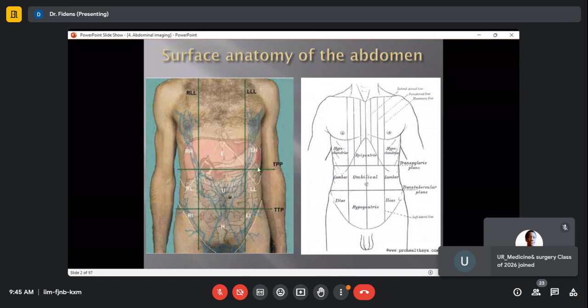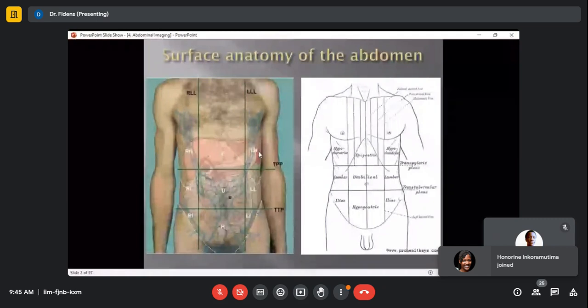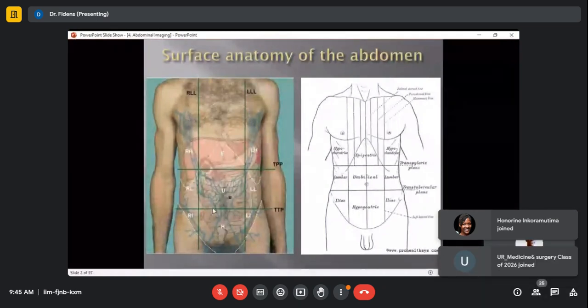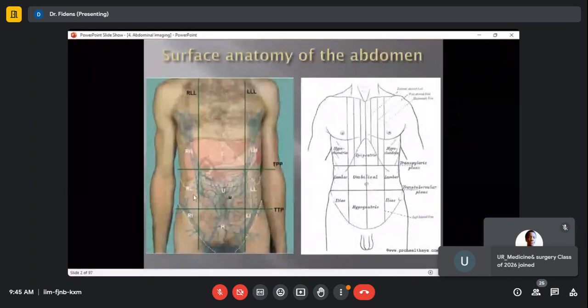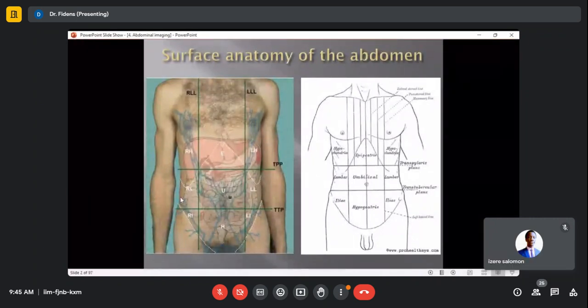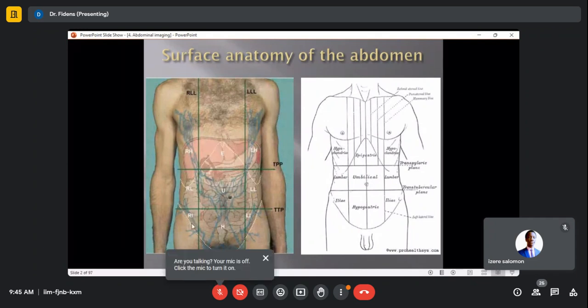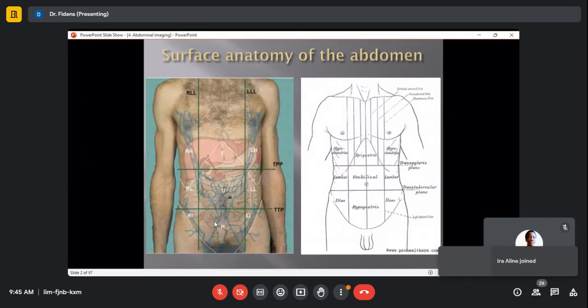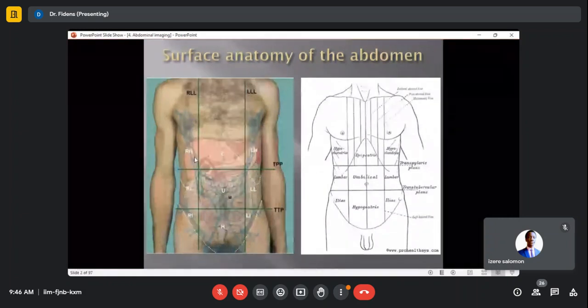It's divided into 9 regions where you have the epigastric region, the right hypochondrium, the left hypochondrium, the umbilical region, the right lumbar or flank region and left lumbar region, the right iliac and left iliac region. By seeing this, we know which abdominal organs we can consider in each of these regions.